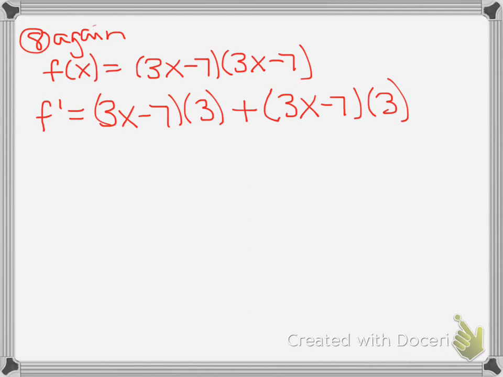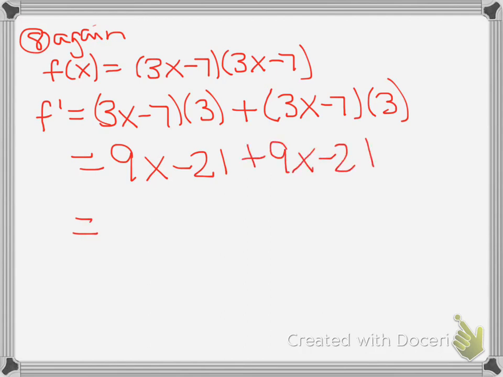And you could leave it like that, or if we wanted to distribute, you get 9x minus 21 plus 9x minus 21, or 18x minus 42.